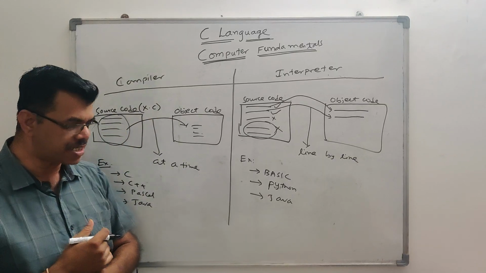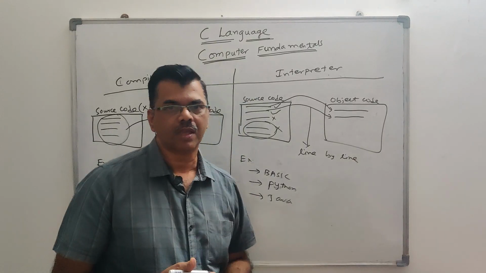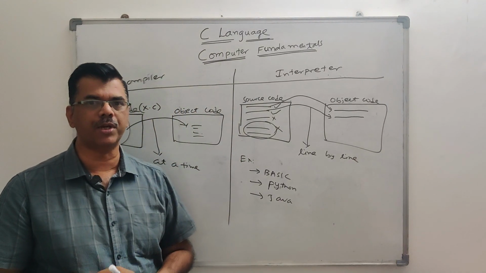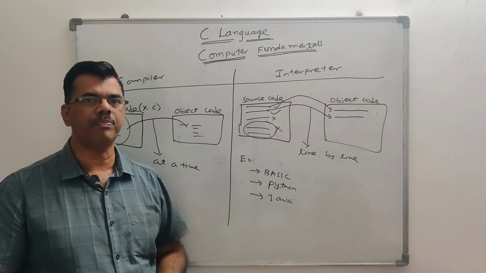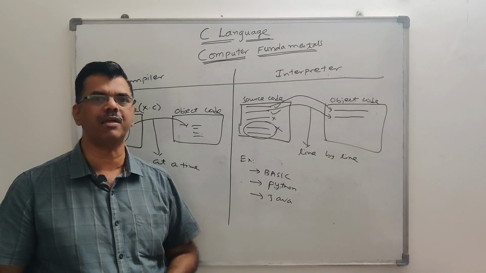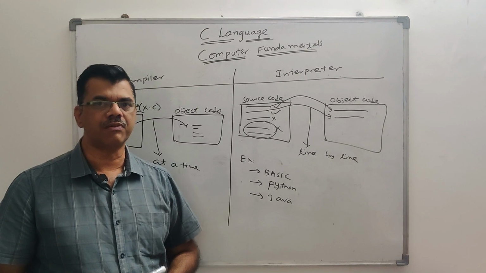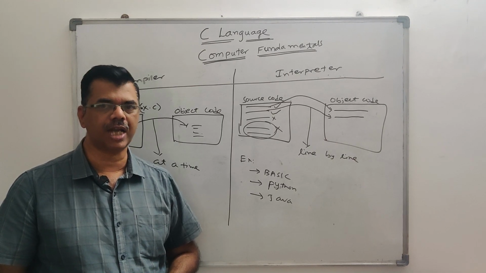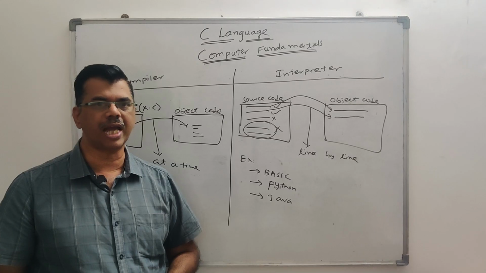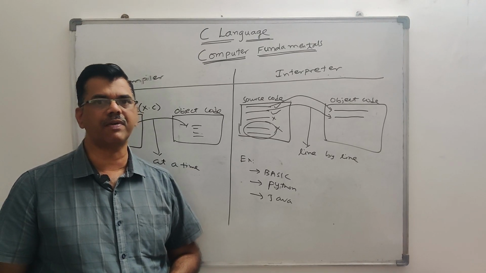What we have discussed in this computer fundamentals: what is a computer, what is a program, the meaning of software, the different types of software like system software and application software, the meaning of language, the types of languages.